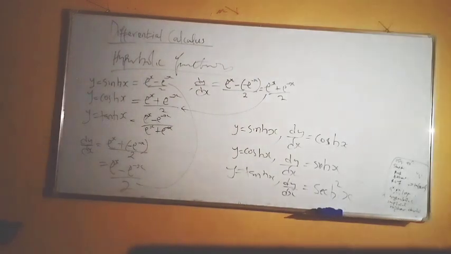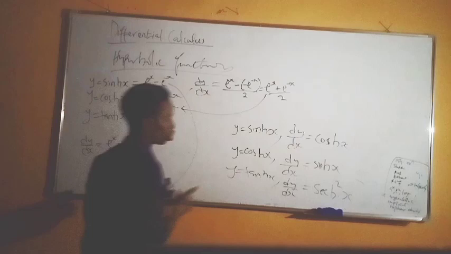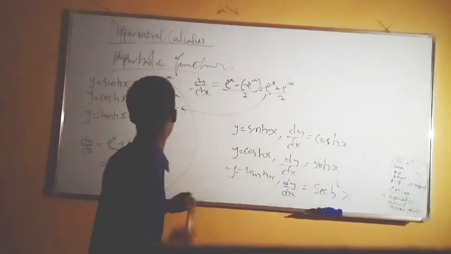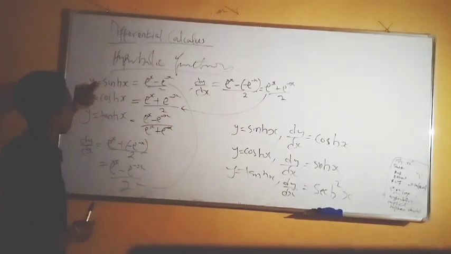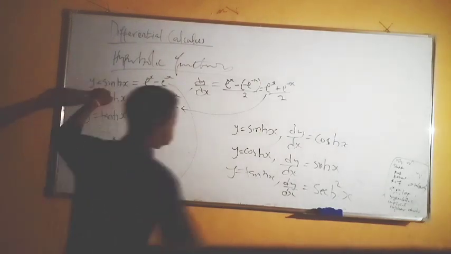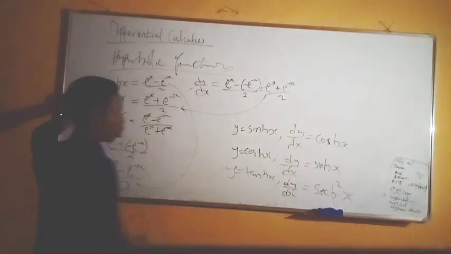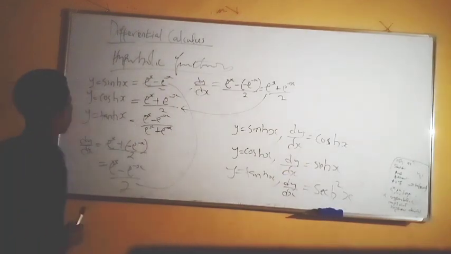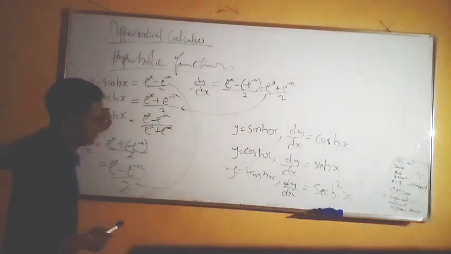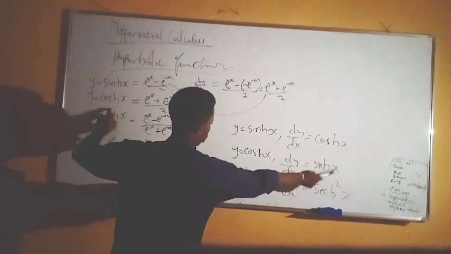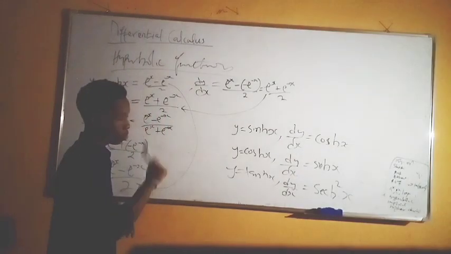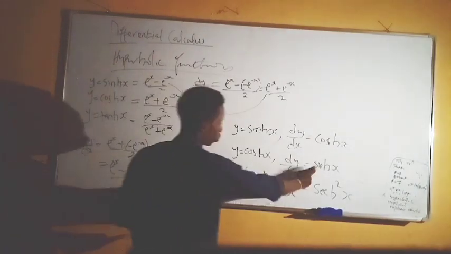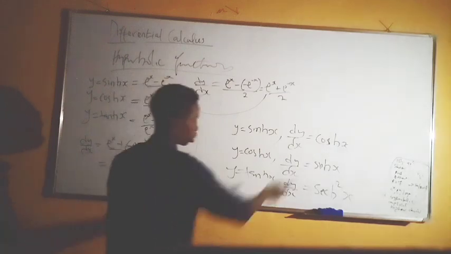So for other trigonometric functions, the inverse functions, they will still give us the same answer, only there is a difference. In trigonometric functions, if I differentiate sine x, I'll get cos x, yeah? Which is the same here for the hyperbolic. But in the trigonometric function, if I differentiate cos x, I'm going to get negative sine x. If it was trigonometric, it would be negative here. But for the hyperbolic, it isn't negative.